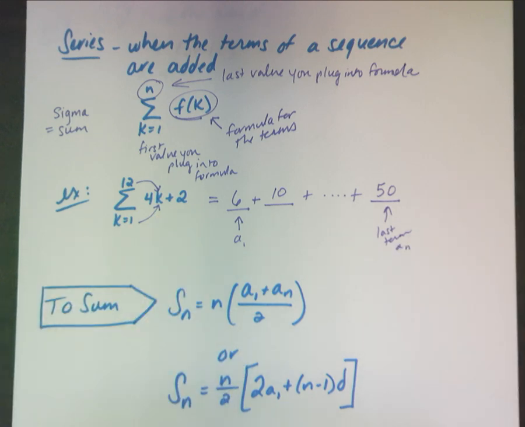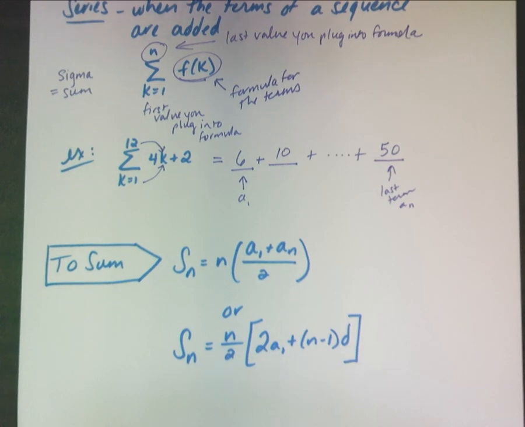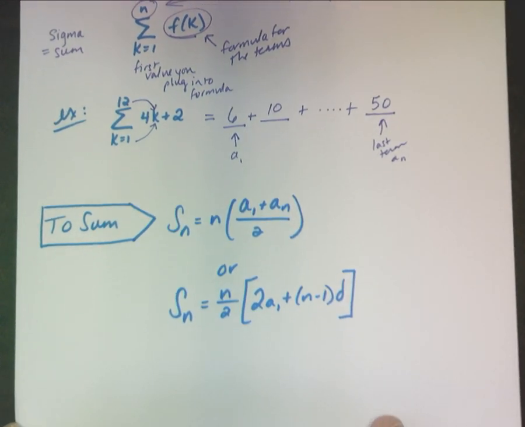Okay? Now you would have to add all those up. So how could we do this quickly? Well, we have formulas to sum things. There's actually 2 formulas. They're the same. It just depends on what they give you as to which one you want to choose. So write this down. S sub n means the sum of your 12 things.